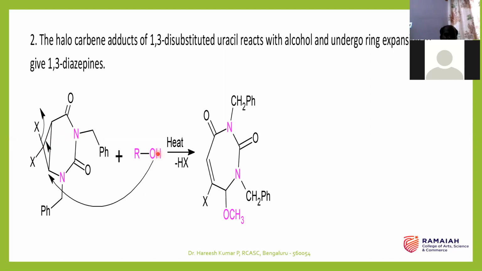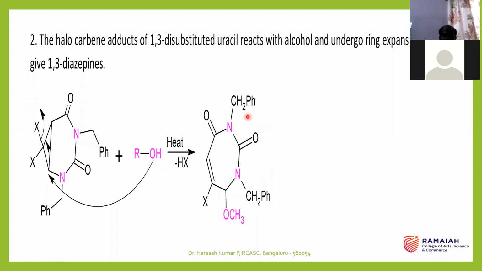When it is treated with alcohol, which may be ethanol, propanol, methanol, whatever it is, the lone pair present on the oxygen can attack this carbon, the cyclopropyl ring junction carbon. Then a migration of this bond happens. This bond will go over here, and when this bond goes over here, the halide will go out.